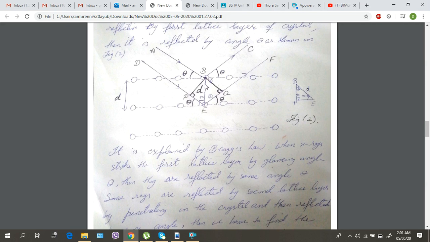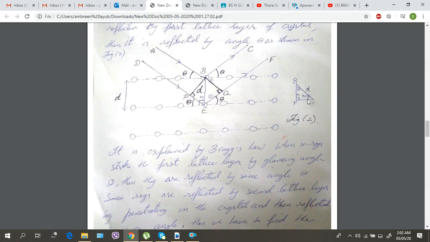Now basically we have to find out this theta. In this triangle, we know that this angle is 90 minus theta, this is 90, and this is theta. According to trigonometry, this is the hypotenuse and this is the perpendicular.